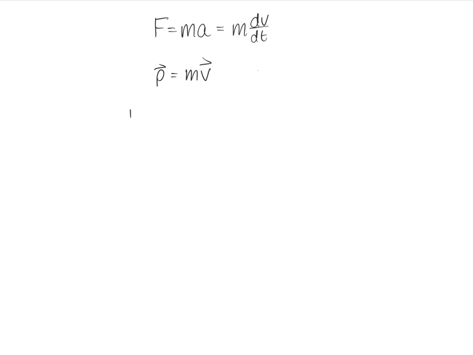Well, if our mass is constant, we can write Newton's second law in a new way, because the derivative of momentum with respect to time would be found using the product rule.